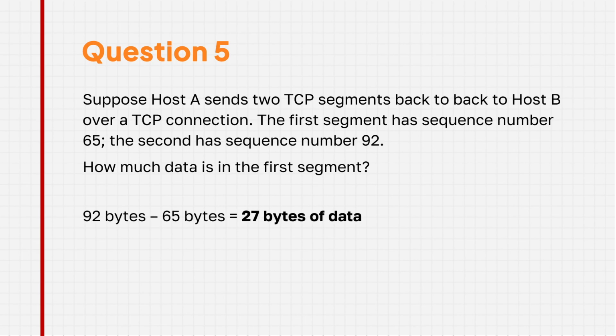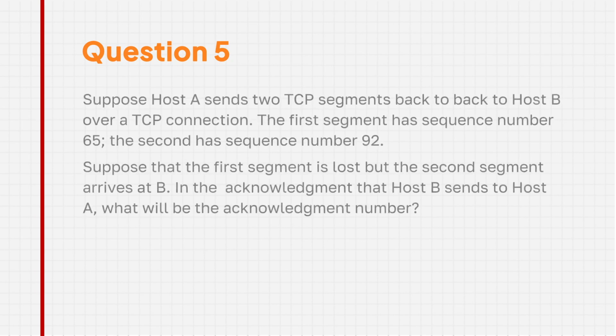Exactly. So remember that the 65 here represents the first byte in that packet, byte number 65. Then in the second packet, it's byte number 92. So we want to consider from 65 up to 91, how many bytes are there? Just 92 minus 65, which gives you 27 bytes of data.